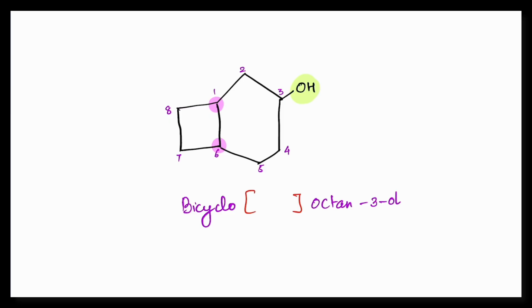And now between the first and the 6th carbon, which are the common carbon atoms, we have 4 carbon atoms on the right side, 2 carbon atoms on the left side, and 0 carbon atoms in the middle line. So the name of this compound will become bicyclo[4.2.0]octan-3-ol.